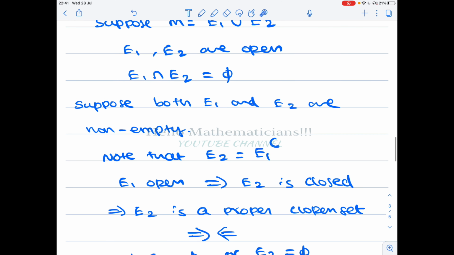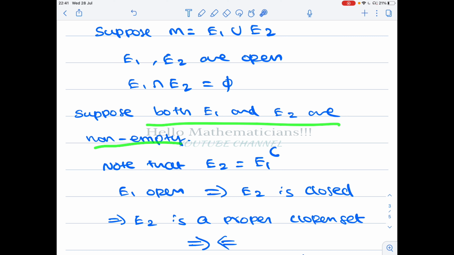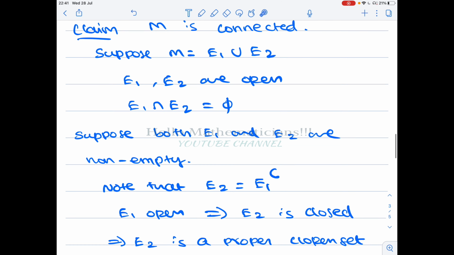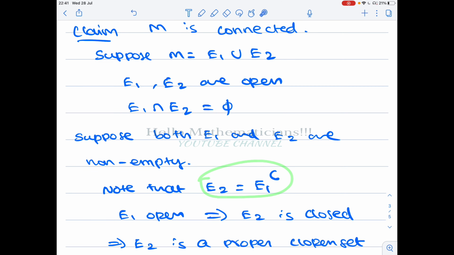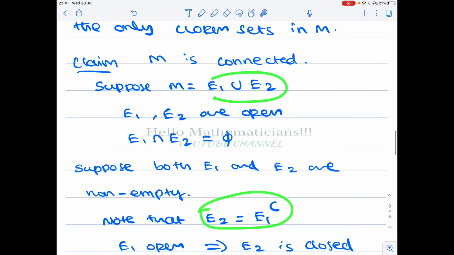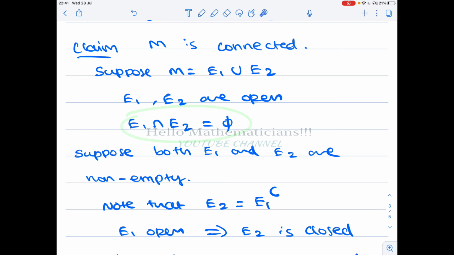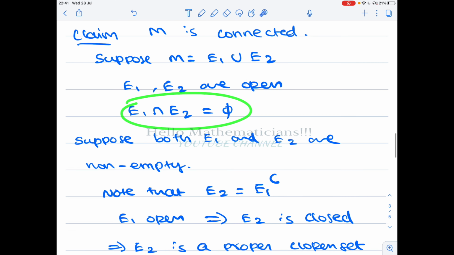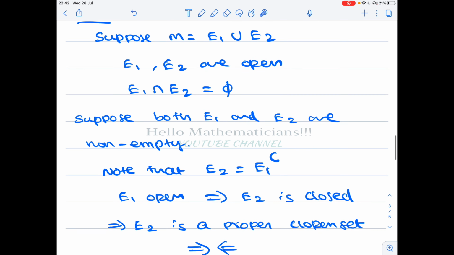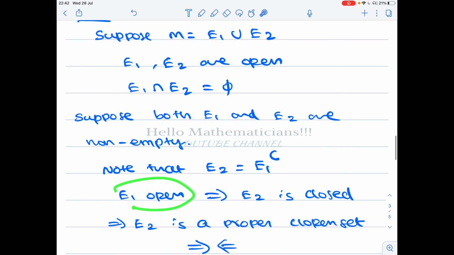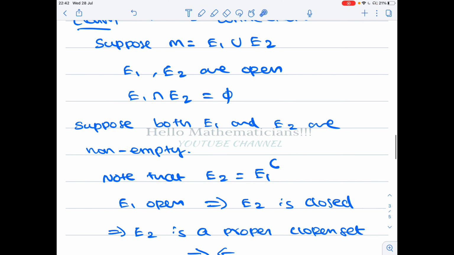So we assumed that E1 and E2 both are non-empty. Now E2 is equal to E1 complement, because E1 union E2 is M and E1 intersection E2 is empty. E1 is open implies E2 is closed, correct?